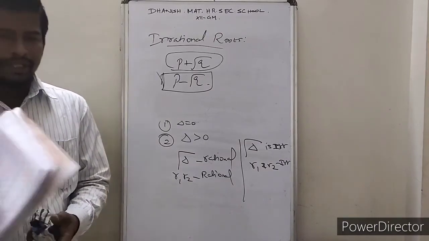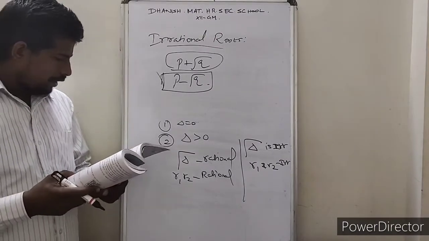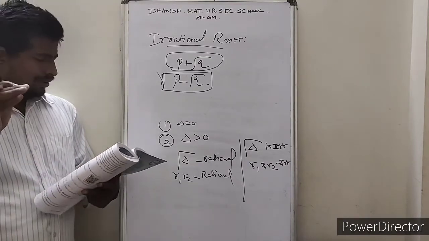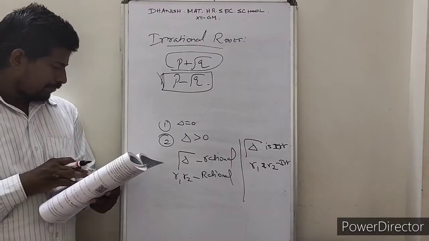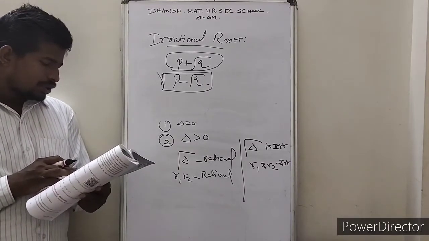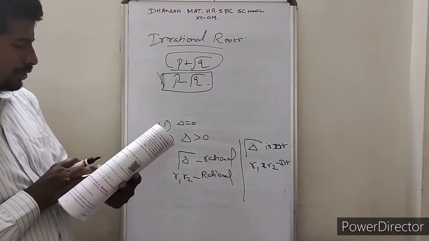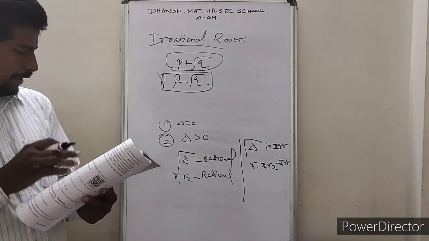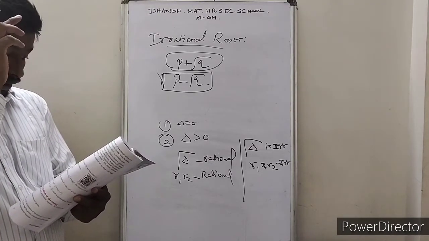Then look at theorem 3.4. Here we don't have any proof. We are going to see the statement alone. Let p and q be rational numbers so that root p and root q are irrational numbers. Further, let one of root p and root q be not a rational multiple of the other.